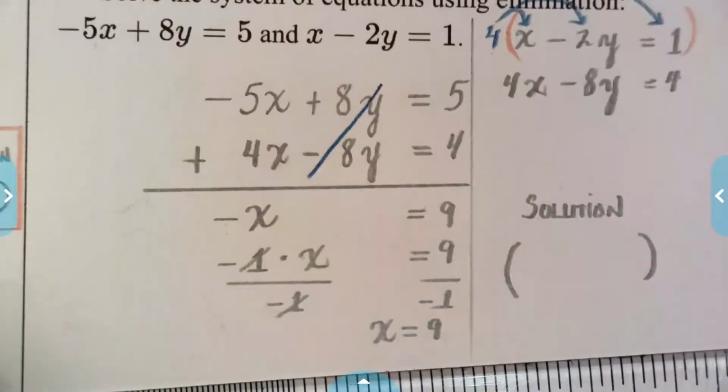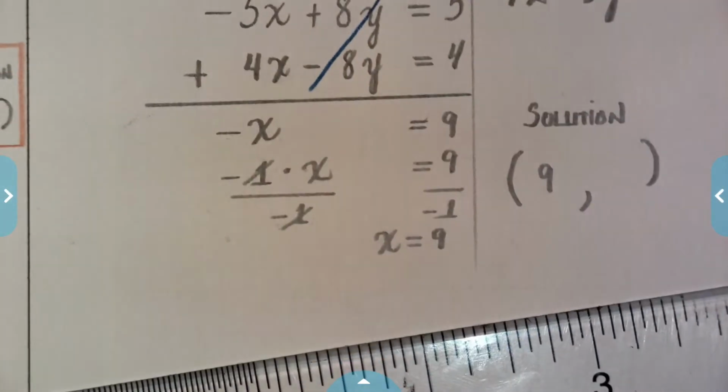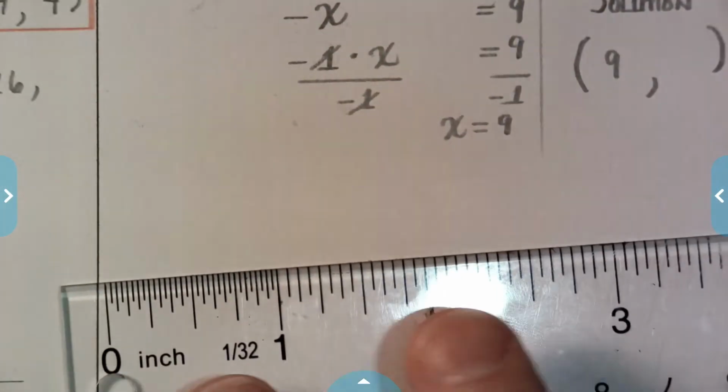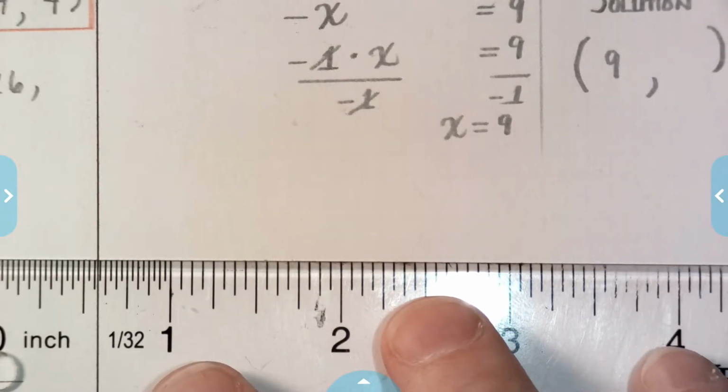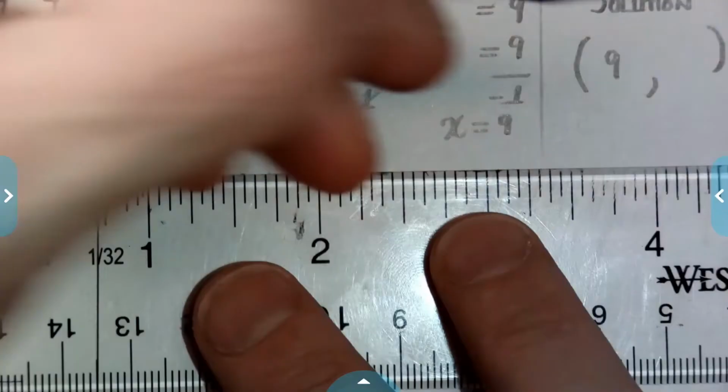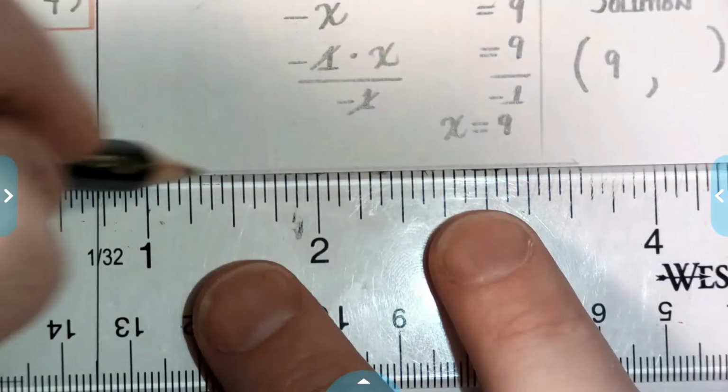And the x value of that solution is 9. Okay, so now I'm asking a slightly different question than the other questions we've answered, which is, what is y when x is 9? Okay, so now let's ask that question.